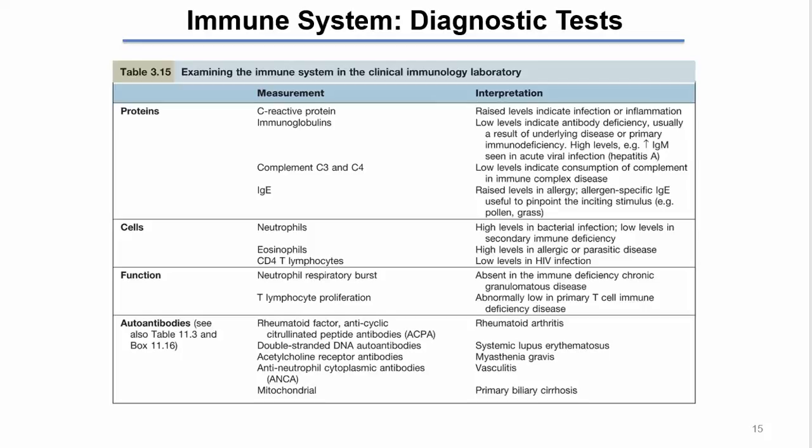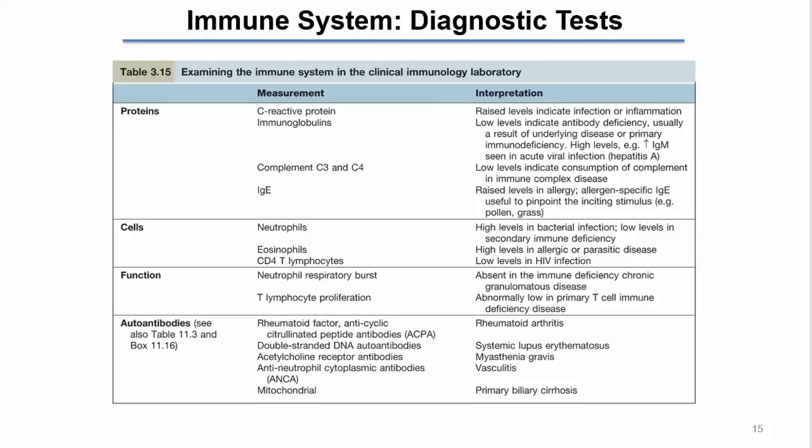By looking at the IgE levels and looking at the specificity of the IgE, we can learn a lot. We can look at the number of cells, and this is very common. So neutrophil cells, when they're elevated, that means there's a bacterial infection. If we have immune deficiencies secondary to other things, they'll be low. If we see high eosinophils, that must mean there's a parasitic infection or it can be an allergic reaction.